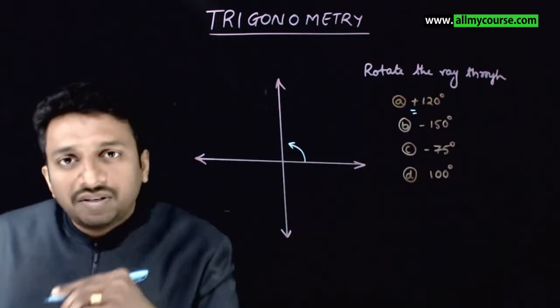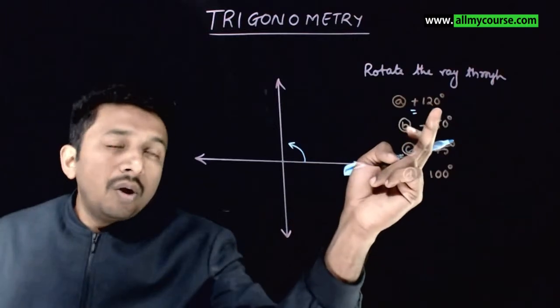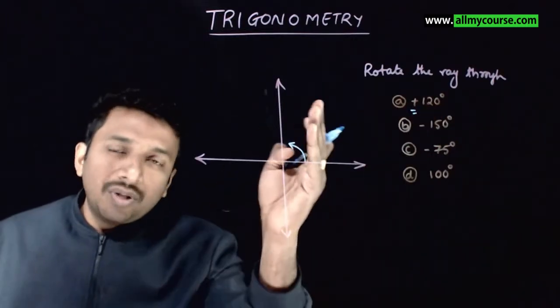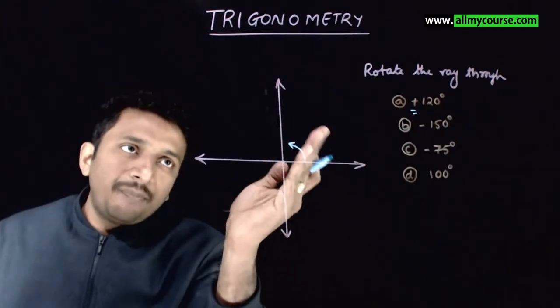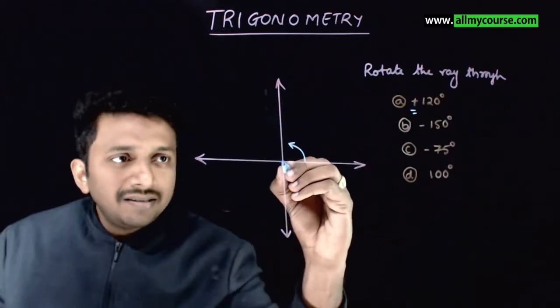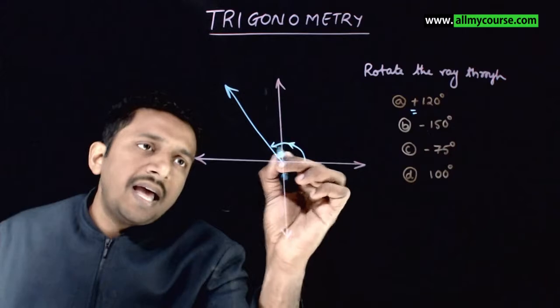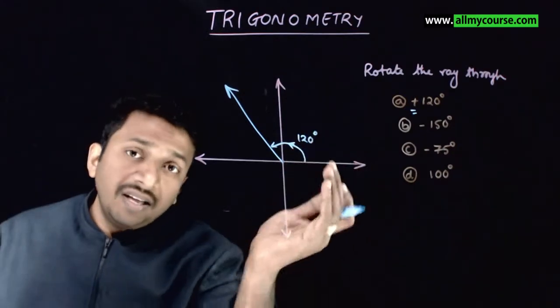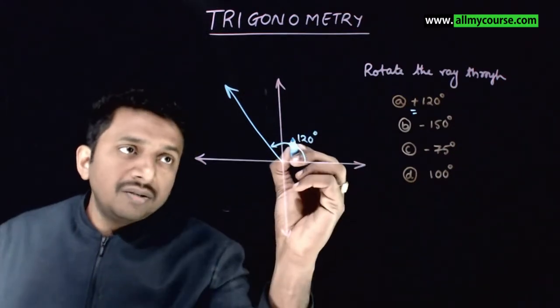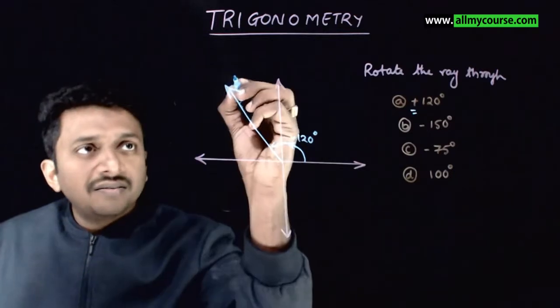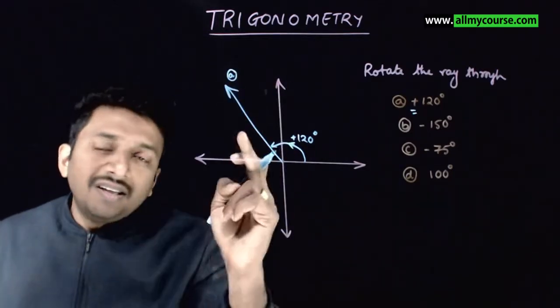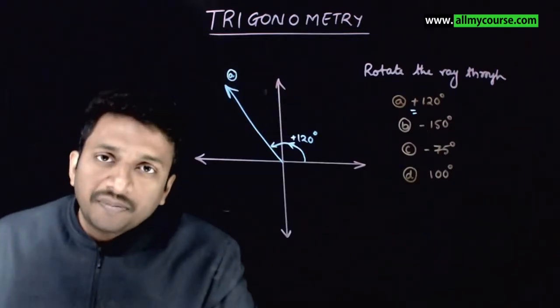This is the counterclockwise direction. 120 degrees is obviously more than 90 degrees, so the ray will pass through 90 degrees and will stop somewhere here. This angle has to be 120 degrees in the counterclockwise direction, so this angle is plus 120 degrees.